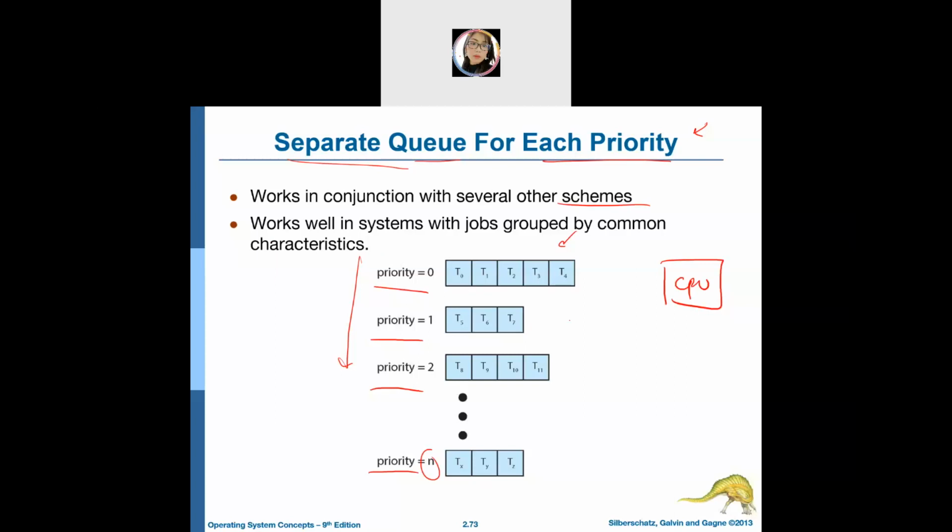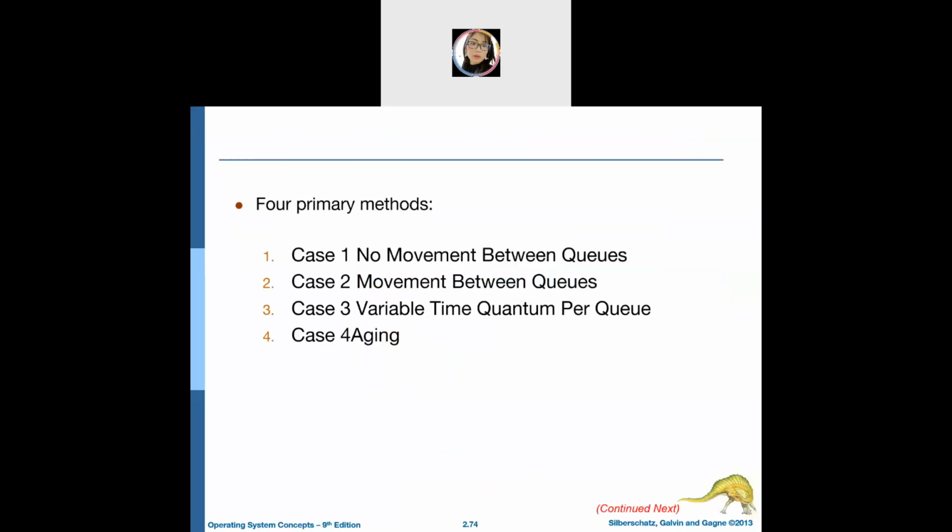Now let's see the example first, then you can understand more, depending on the four methods I already mentioned to you. First method, no movement between queues. When you have two queues here, let's say you have job 1, job 2, job 3, job 4, and here is your CPU. You're going to pass.